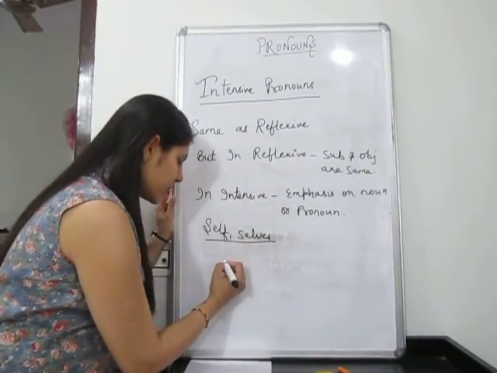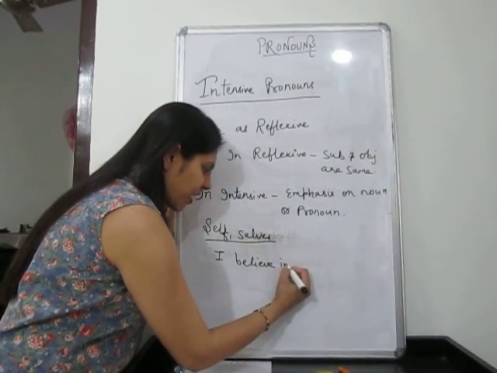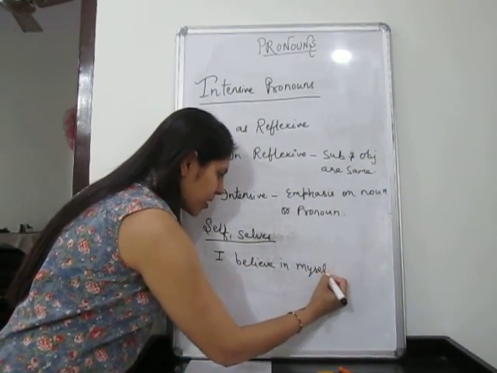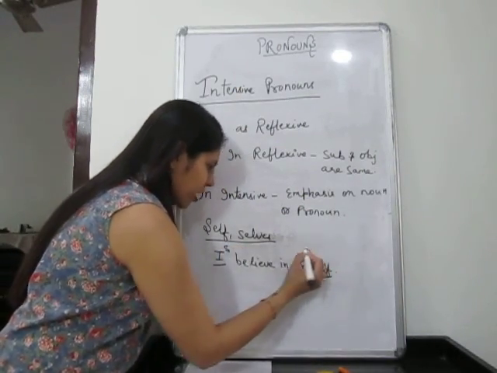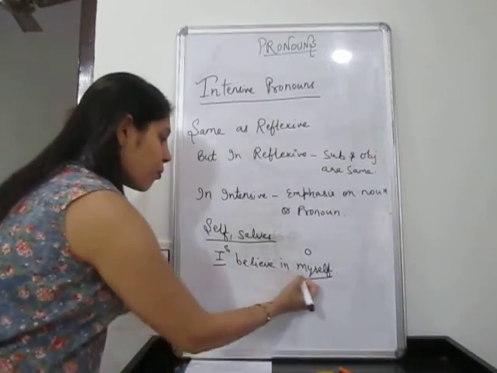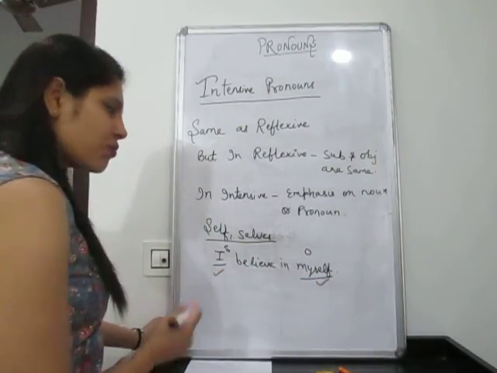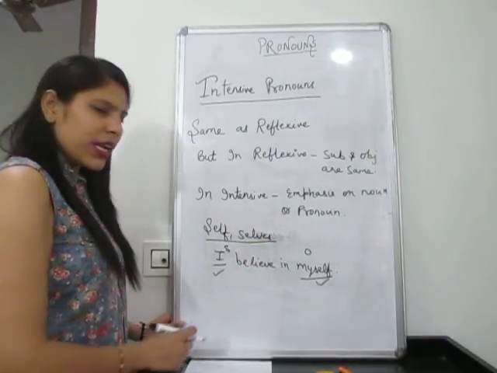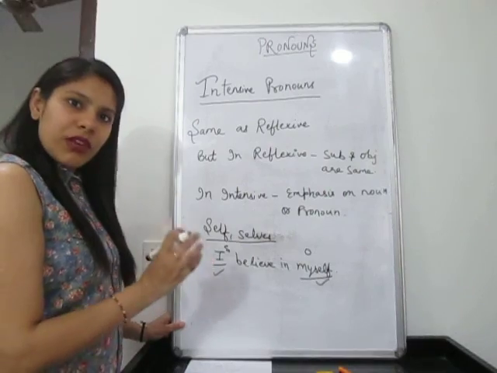Suppose if I give you one example, we did this example when we did reflexive pronoun, I believe in myself. In this sentence, our subject and object are same and they both are equally important. We need subject as well as object to make sense of this sentence, right? I believe in what? Object is necessary, right?